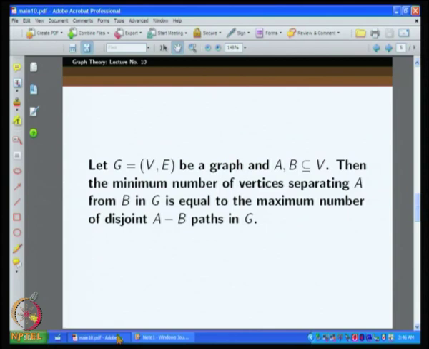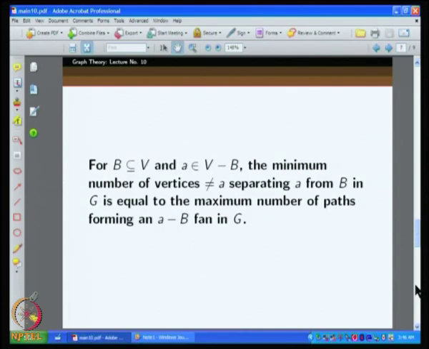Now let's also see the earlier statement, some of the more intuitive statements that we wanted.